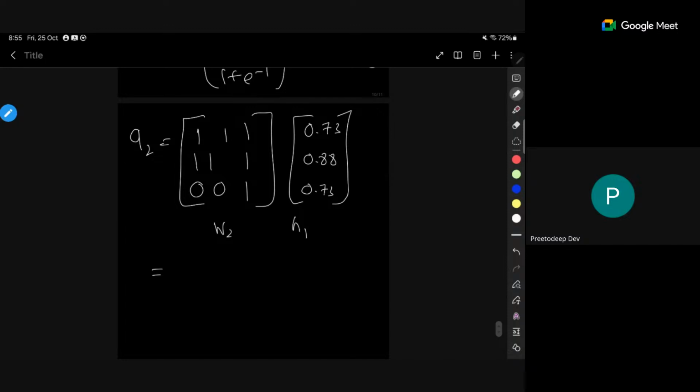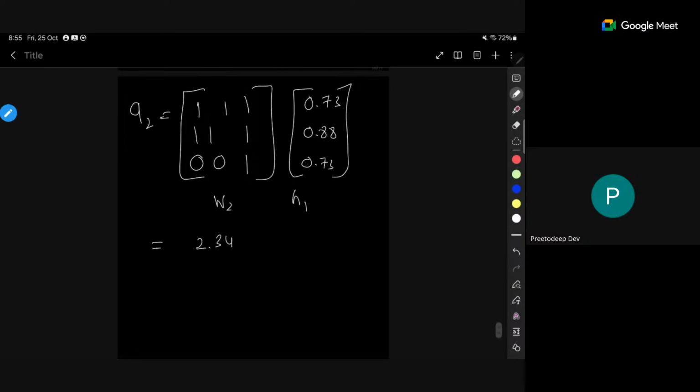Yes. So I'll add them up, which is going to be, if I add them, 6 plus 8 is 14, 14 plus 8 is 22 and 23. And again 2.34, then 0.73.